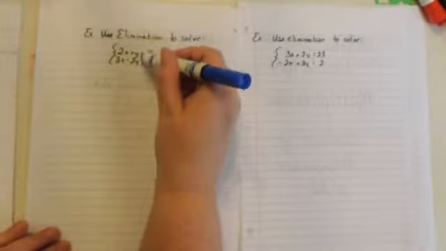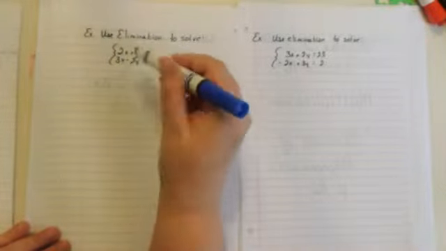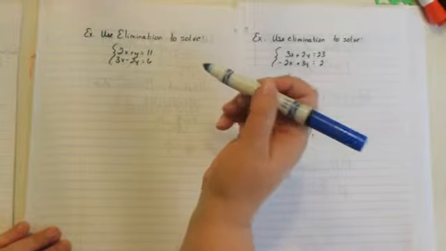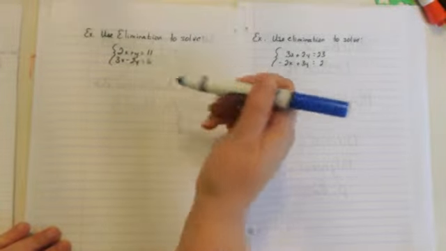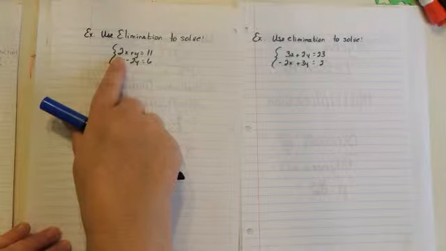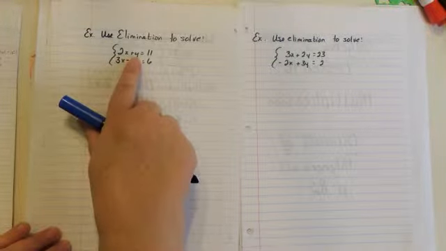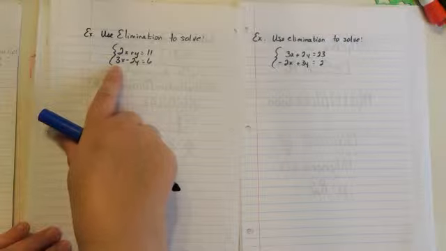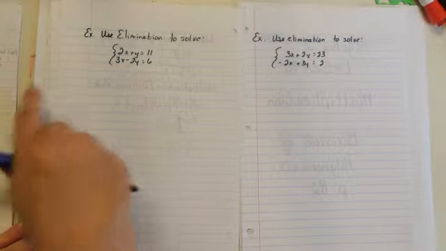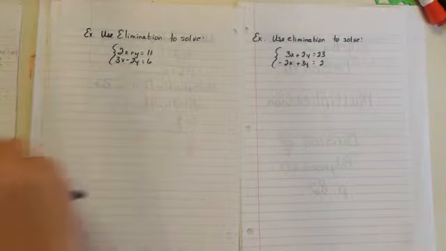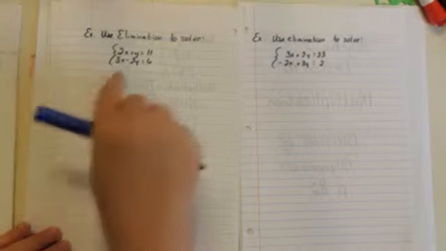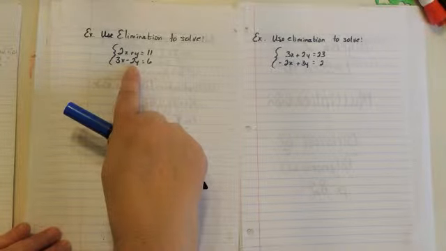In order for one of these variables to cancel out, one of them needs to be the inverse of the other. So we need 2x and negative 2x, or y and negative y, or 3x and negative 3x, or negative 2y and positive 2y. The coefficients of the variables need to be opposites of each other.